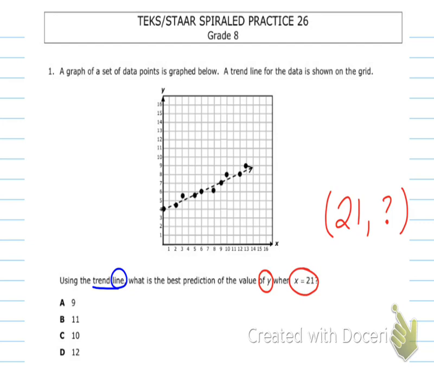When you're using the trend line, you're going to ignore everything except the trend line. I don't care about these other dots that are there. I only care whatever is on the line and the grid. Those dots that I left there, I just left them because they're not actually in the way. But your focus becomes solely on the trend line.